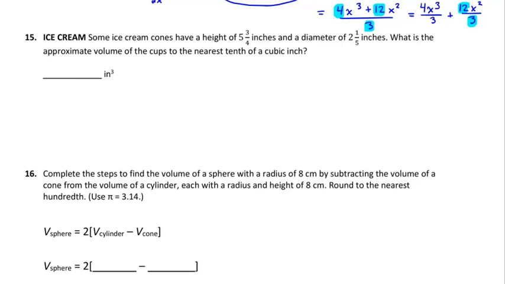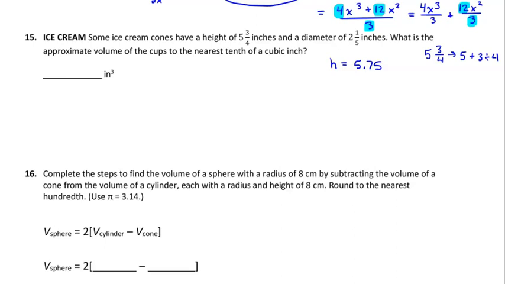If you want to type this into your calculator, you can. The height for this one is 5.75. To type a mixed number into your calculator, it's 5 and 3/4, and that would give you 5.75.